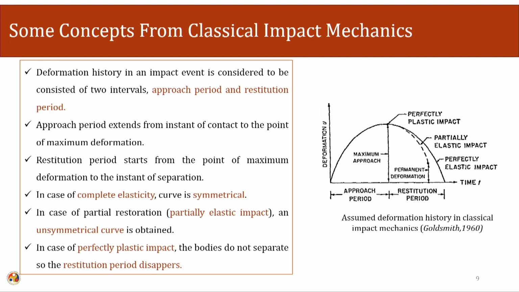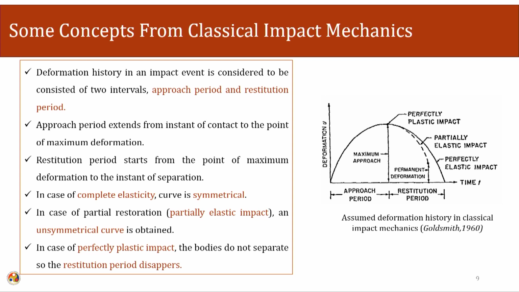Simply saying, the approach period is when the impactor approaches the body, stationary or moving, and makes contact. When the contact is lost, that is the restitution period. The approach period extends from the instant of contact to the point of maximum deformation. The restitution period starts from the point of maximum deformation to the instant of separation.